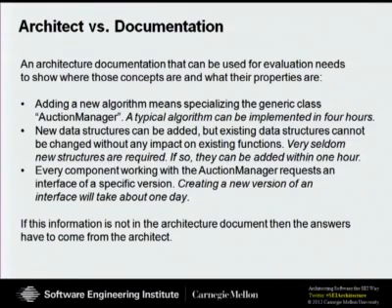So a property might be, now the architect, hopefully, in the ideal case, it is written down somewhere in the documentation. There could be a statement saying adding a new algorithm means specializing a generic class, like the auction manager, and a typical algorithm can be implemented within 4 hours. There it is. 4 hours. Here's the number. That's what we are looking for.